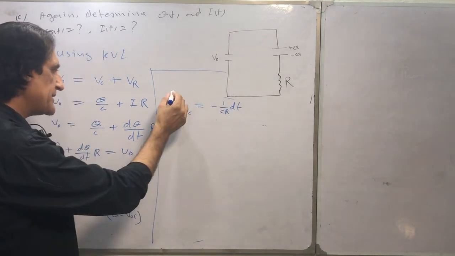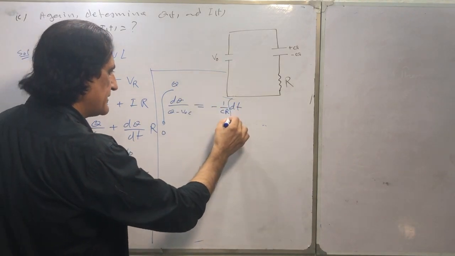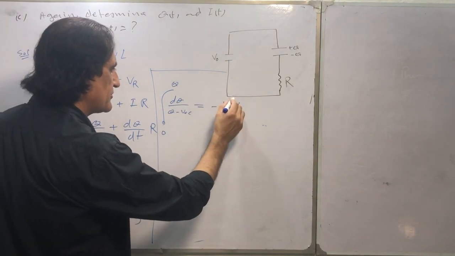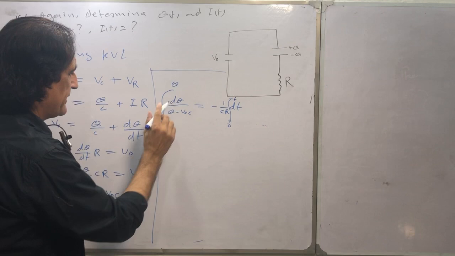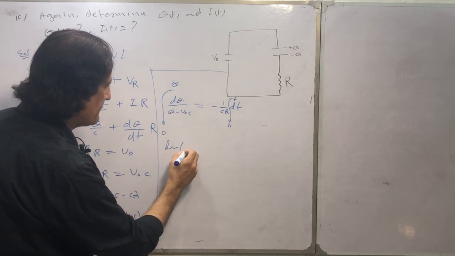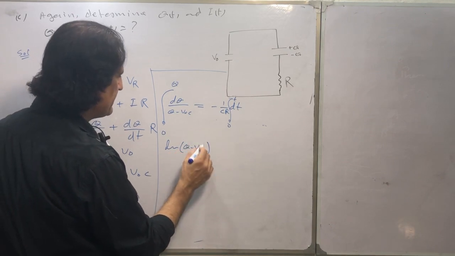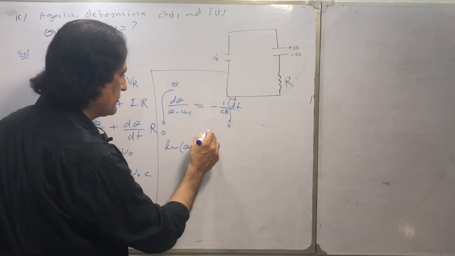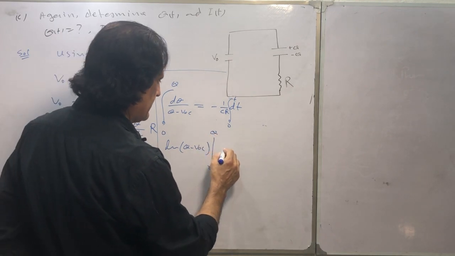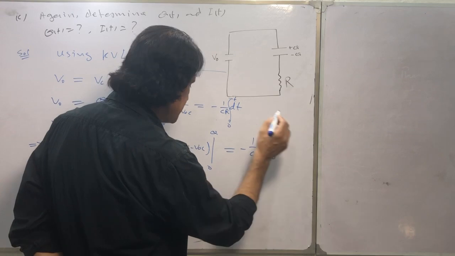And now integrate both sides, from 0 to q on the charge side, and from 0 to t on the time side. The integration of this is actually the log of q minus V naught C from 0 to q, which is equal to minus 1 over CR times time from 0 to t.